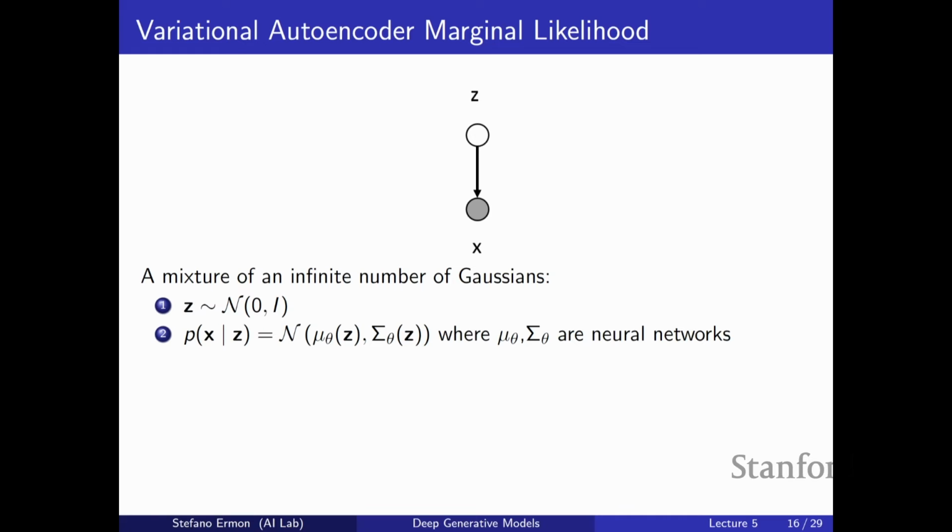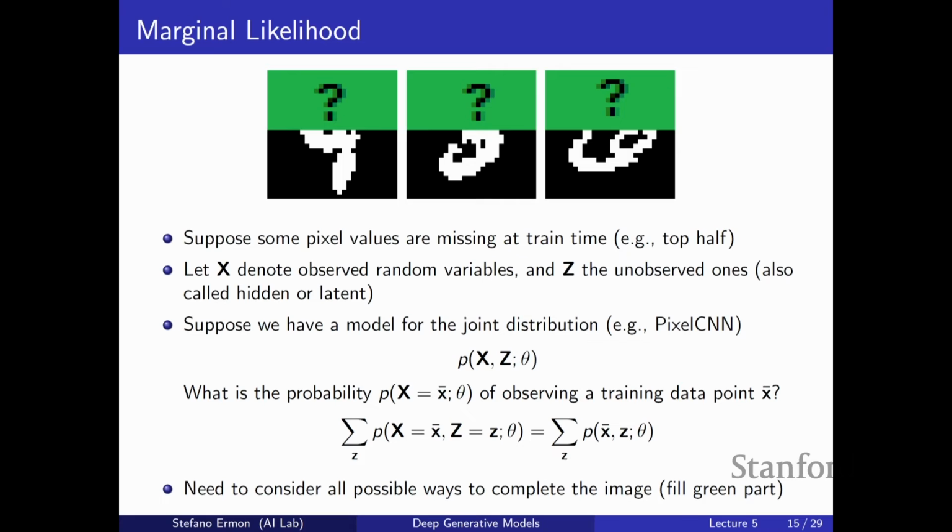But because I don't know what was the z corresponding to that data point, the z is not observed, so I have to try all of them. Just like here, I only get to see the bottom part. I don't know what was the top part for the particular image. I have to try every possible way of completing that data point, and I have to sum them up.